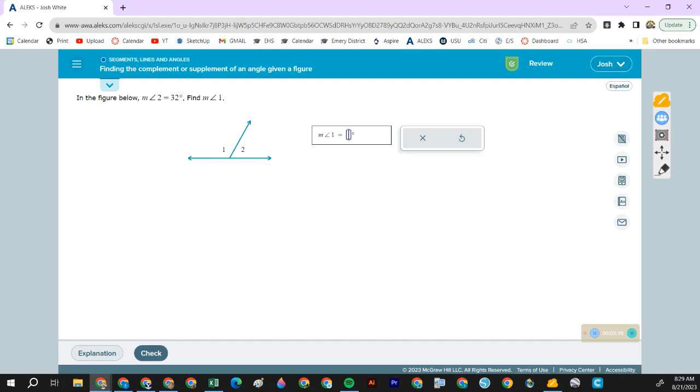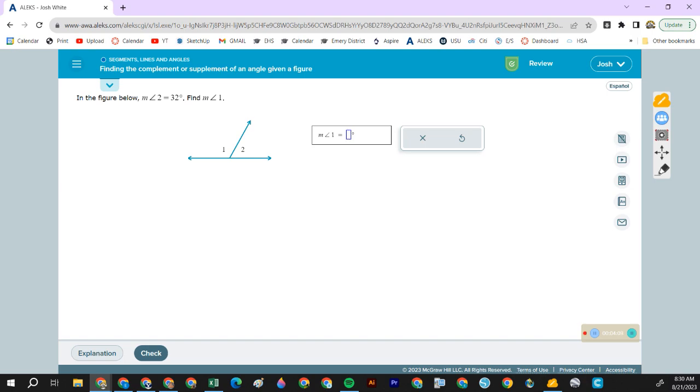What angle would be complementary to angle 2? How big would the angle have to be? Angle 2 is less than 90. What's 90 minus 32? Nope, that's supplementary.